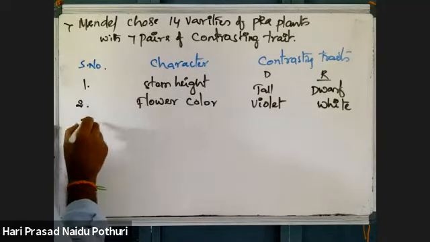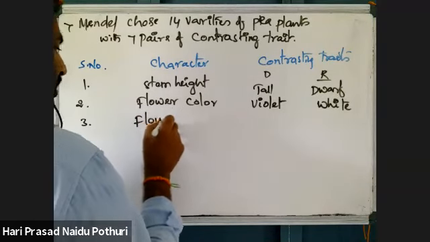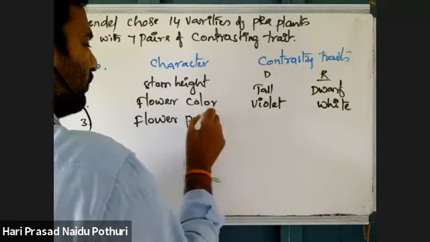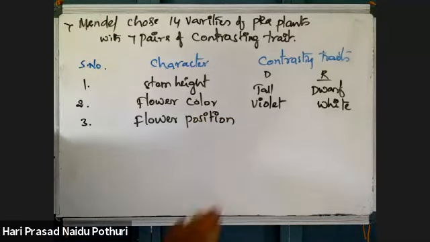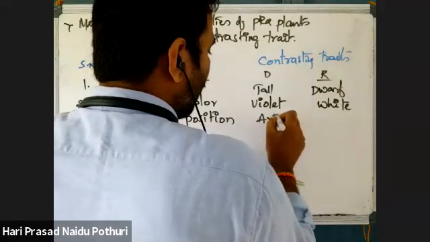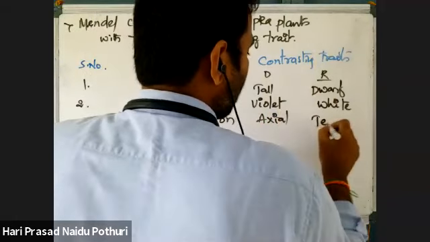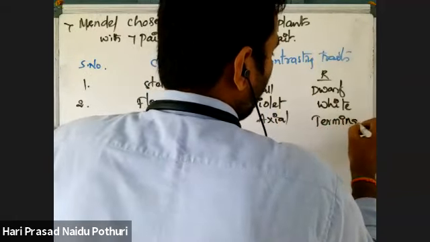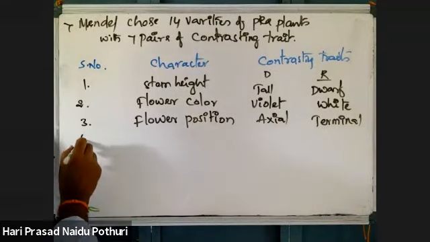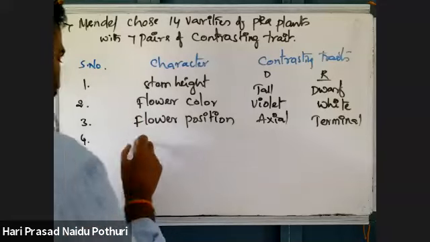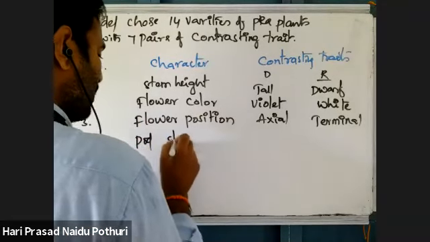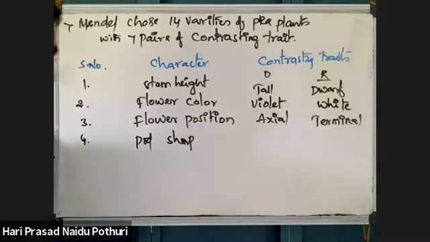The third one is flower position, where the flower is present. Here the axial flower is dominant and the terminal flower is recessive. Then the fourth one, pod shape. What is a pod?